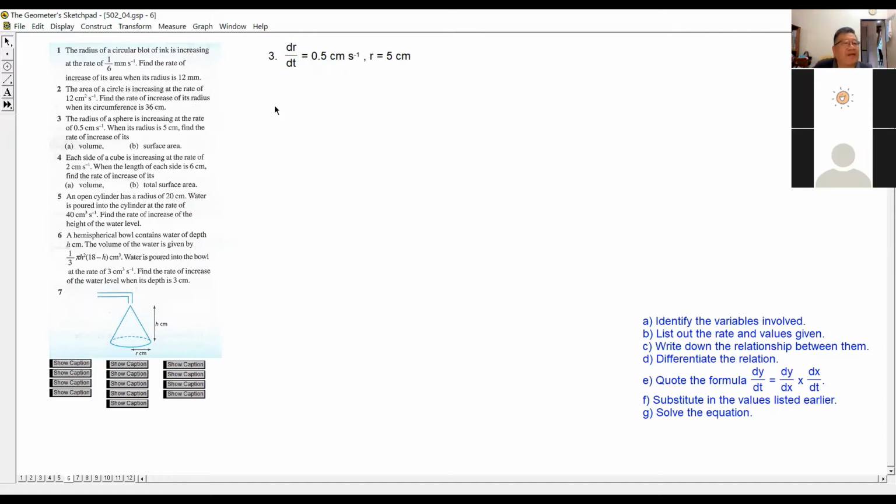Okay, then find the rate of increase of its volume. Rate of increase of volume in symbol form, how do you write? dv over dt. Very good. So you put down dv dt, then question mark. So what is the next step that you need to do after listing out all these things?